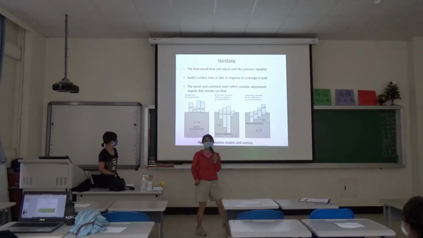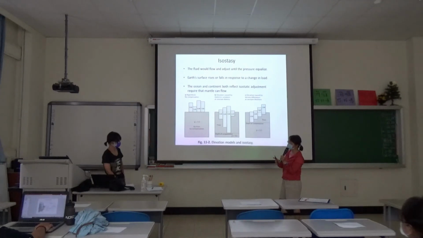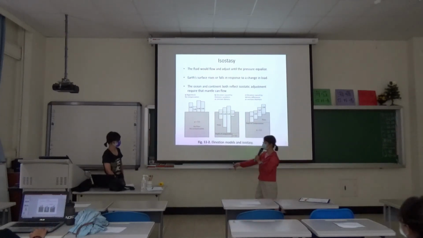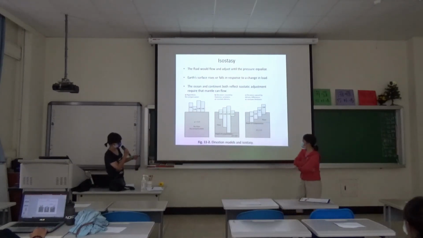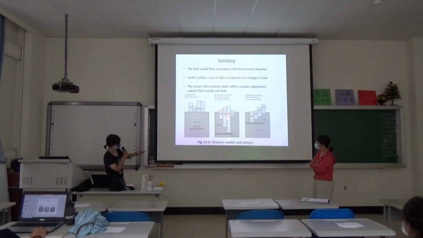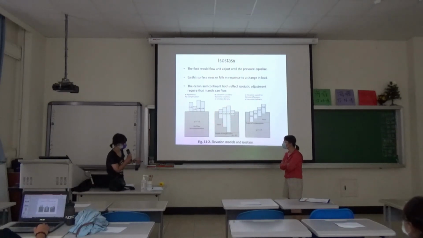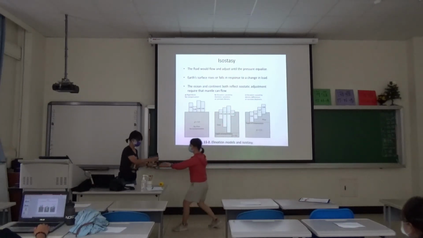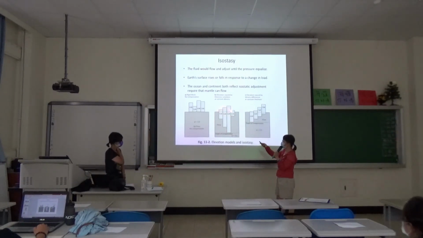Okay, we have 3 models here. Which one better explains the condition on Earth? These 3. There's no way this one refers to how Earth can move across time. So you mentioned that the crust, all of them have the same density.